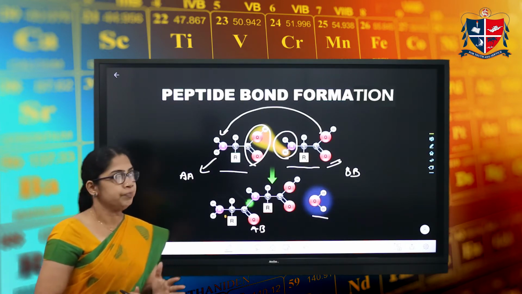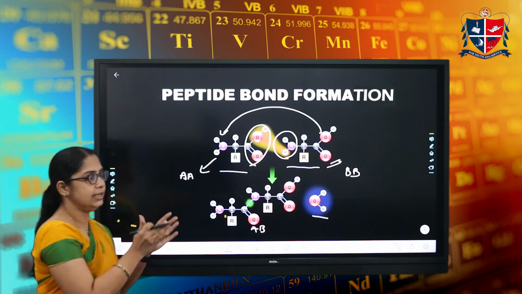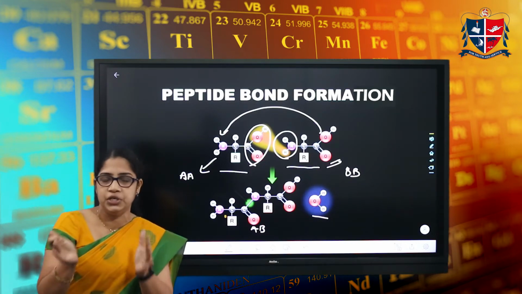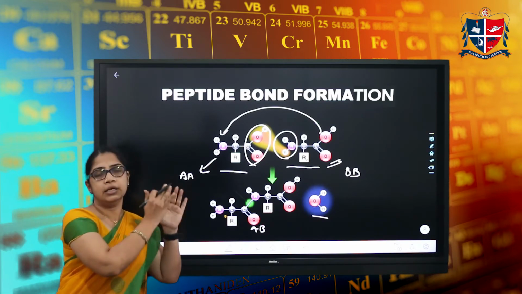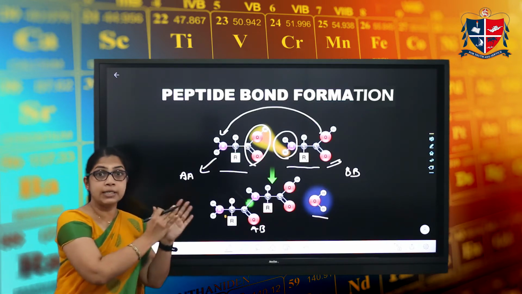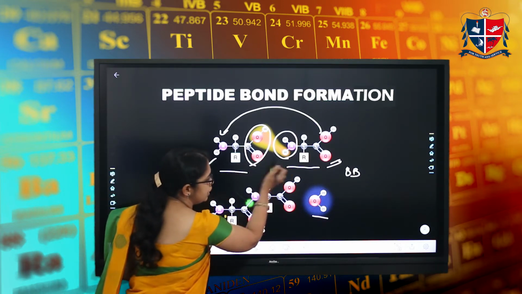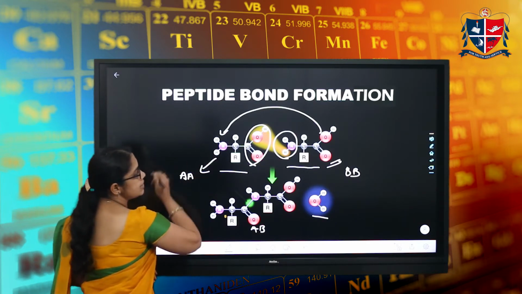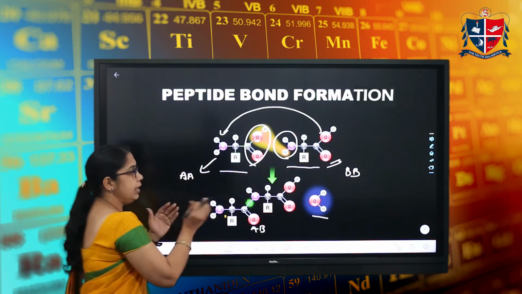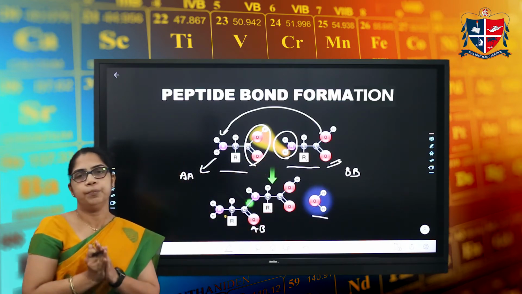In order to get the required product in 100% yield, we have to protect the unwanted groups. If we are focusing on this COOH and this NH2, we need to protect this NH2 and this COOH. Then only these two groups will react and we will get the required product.